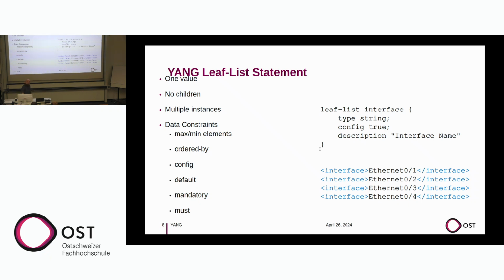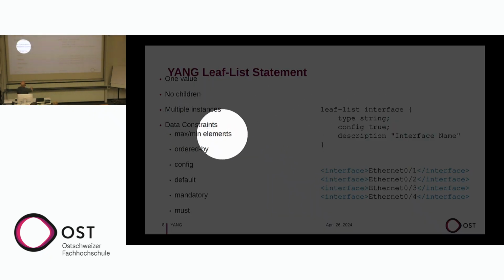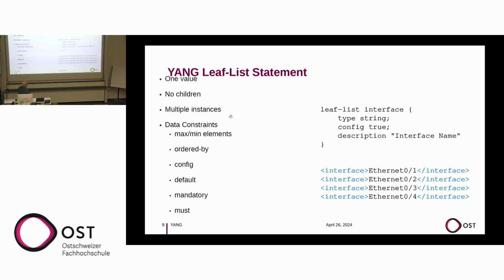So we can also have, of course, leaf lists, because, for example, with interfaces, we will not just have one interface, right? We have most of the time multiple interfaces, so here we could have a leaf list, so this can come multiple times. We can also say max and min of elements, so I could define something like I always need 4 interfaces, or I need 4 to 8 interfaces, depending on what I need.